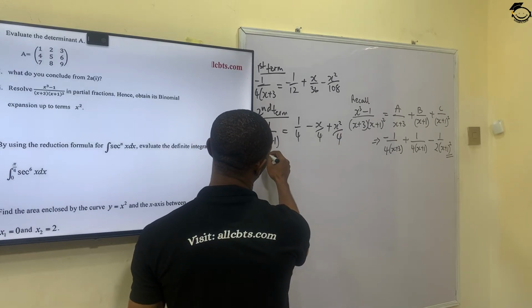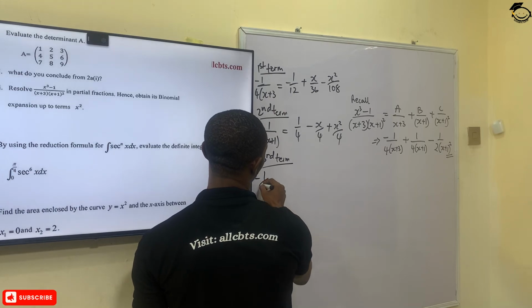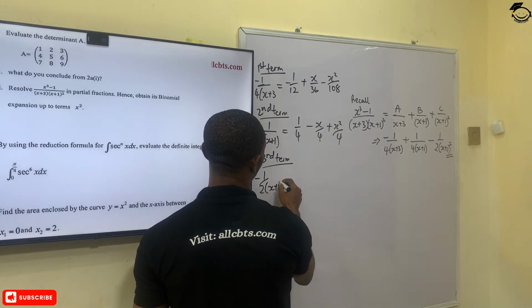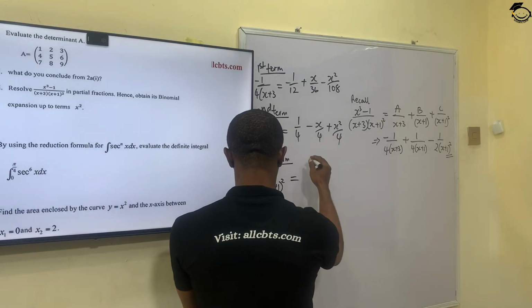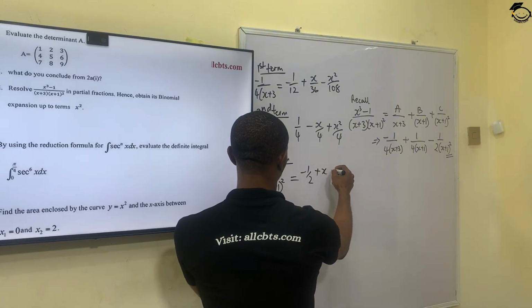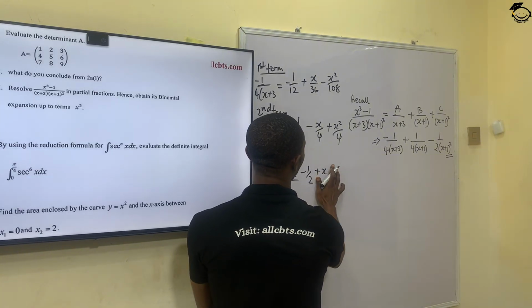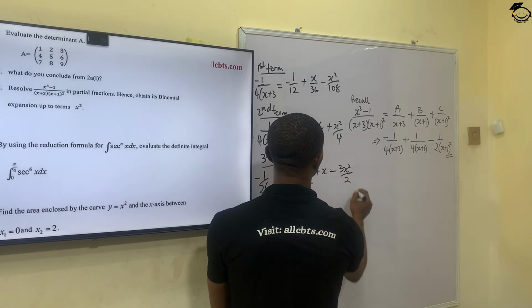And for our third term, where we have minus 1 over 2 bracket x plus 1 squared, if we should expand it, we would be having minus 1 over 2 plus x minus 3x squared over 2.